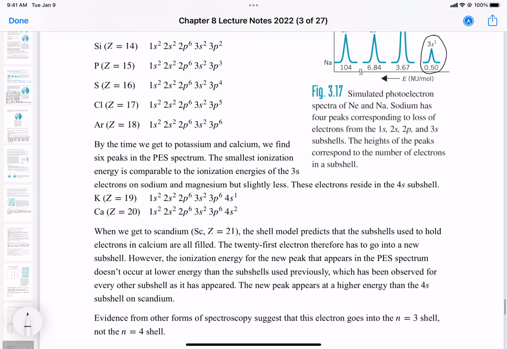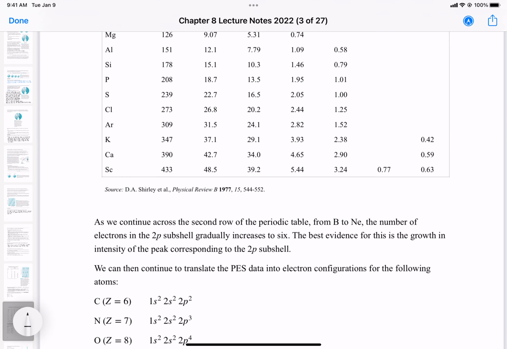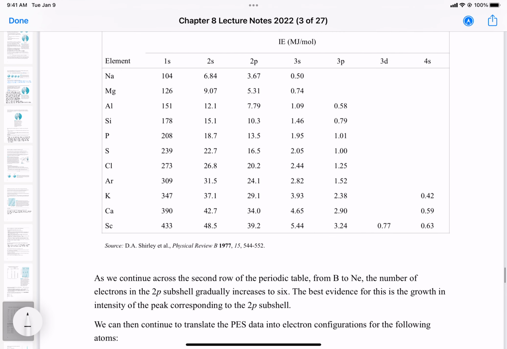But if we look above on this chart, we see that it goes into the 3p, and then it goes into the 4s. We assume the next energy level would be 4p. But remember when I said that with every new shell, a new type of orbital is introduced?